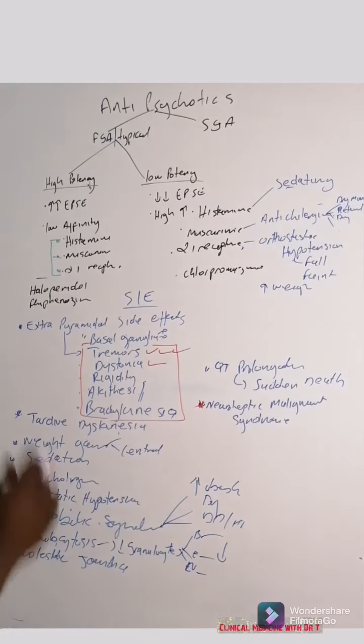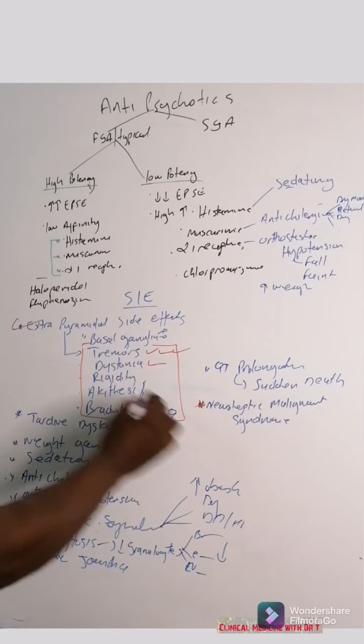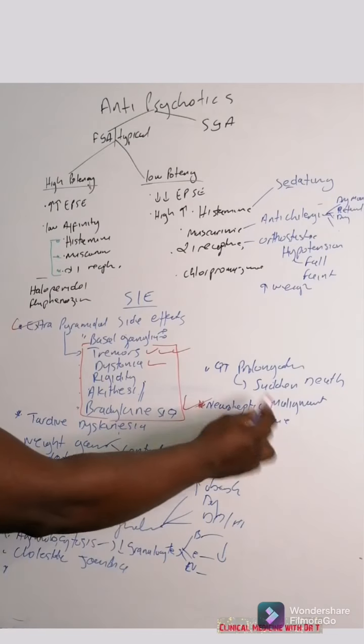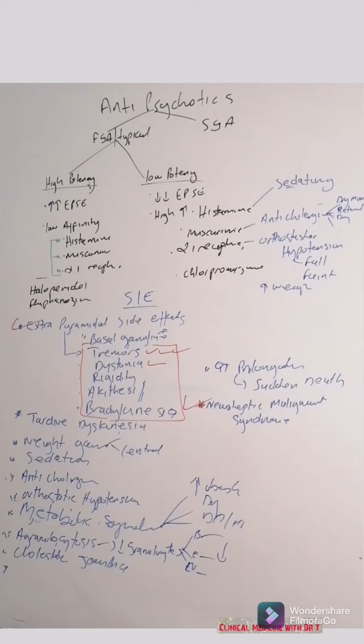So with these side effects, it's a matter of mentioning them, but the ones you need to sit down and really understand are this one, because of how dangerous it is, and the metabolic syndrome as well. The agranulocytosis is very important. The anticholinergic effects are very important. Tardive dyskinesia, these are very important.